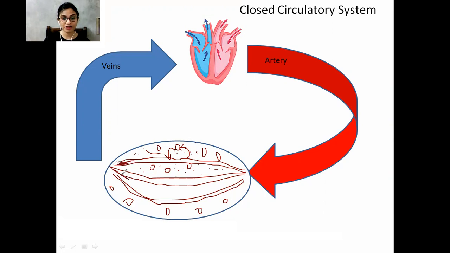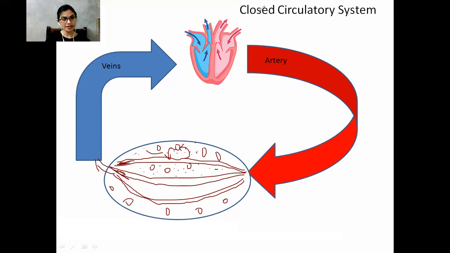After that, these capillaries come out of the organ and form a vein. A vein is a blood vessel which contains deoxygenated blood. Then deoxygenated blood enters the right atrium, then the right ventricle, and from the right ventricle, it enters the lung for oxygenation.